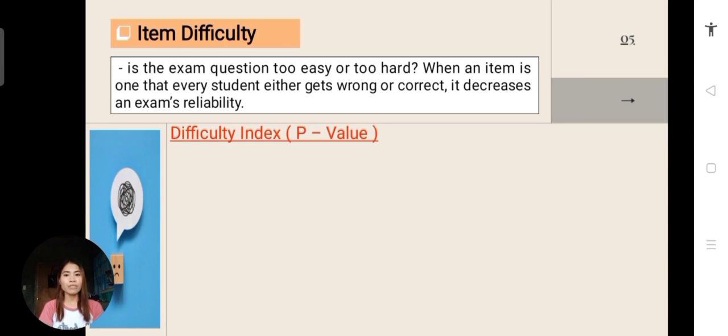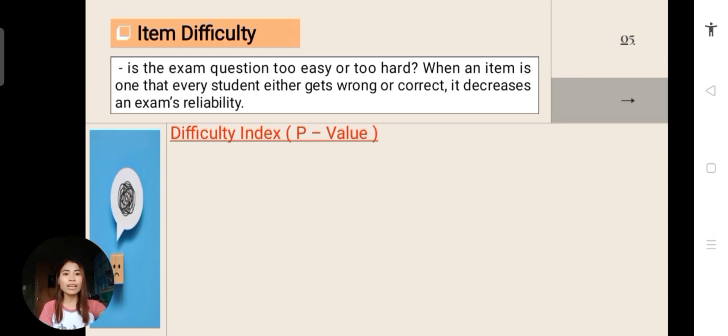The higher the difficulty index, the easier the item is understood. It was based from Wood 1960. So, for example, if you have an item difficulty of 0.95, it doesn't mean it's extremely difficult. It means it's extremely easy because that 0.95 represents the fact that 95% of the students got it correct.